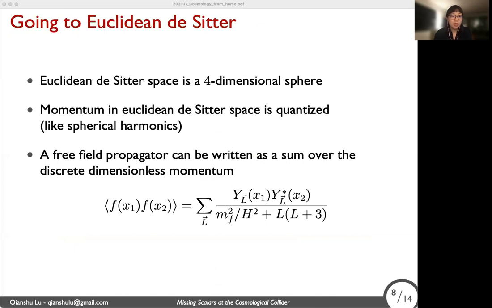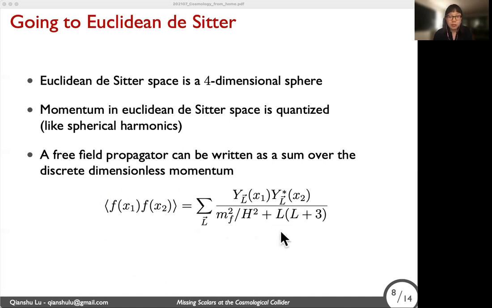And it is advantageous to do the calculation on a four-dimensional sphere because just like how the spherical harmonics have a quantized angular momentum on a two-dimensional sphere, the momentum in Euclidean de Sitter space is quantized. What that means is that a free field propagator or free field two-point function can be written as a sum over the discrete dimensionless momentum L vector, where L takes value in integers.